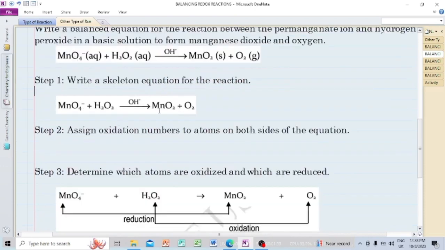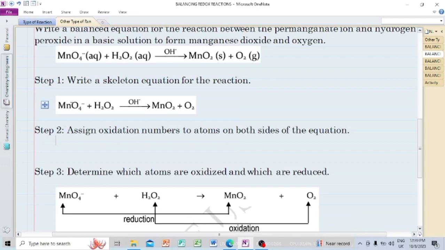We just write our equation. Next is to assign oxidation numbers to atoms on both sides of the equation. We have discussed already how to determine the oxidation numbers. I hope you all know how, because you cannot balance redox reactions if you do not know how to determine the oxidation numbers.